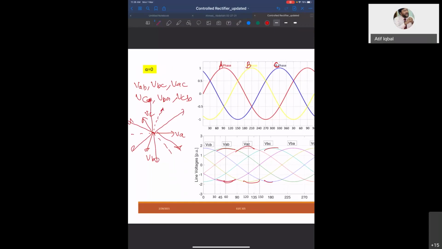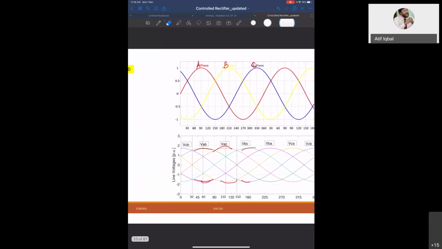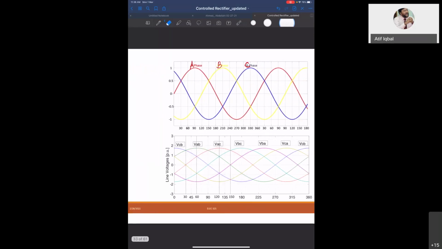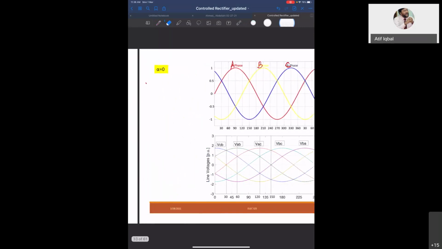Now, what I have done is drawn the 3 phase voltages A, B, C, and correspondingly 6 line voltages: VAB, VAC, VBC, VBA, VCA, VCB. This is drawn from the phase voltage, by using this relation.